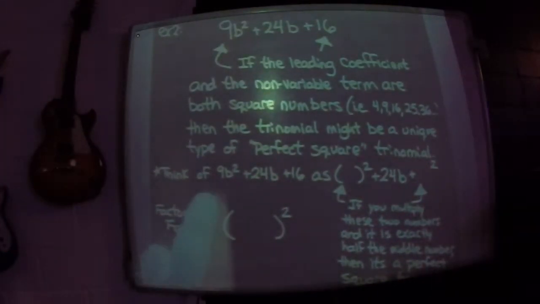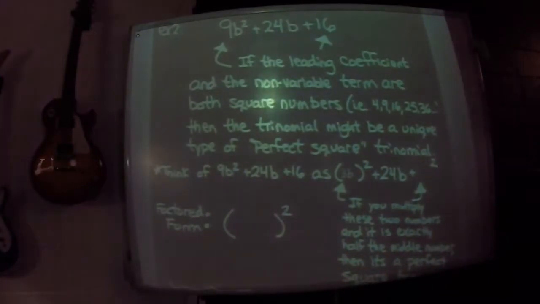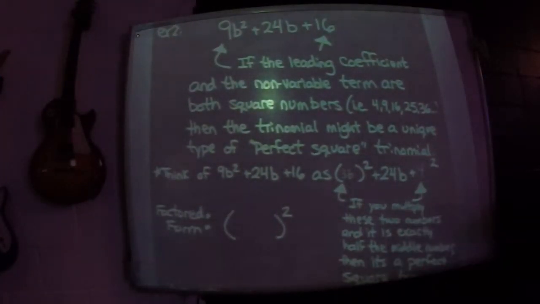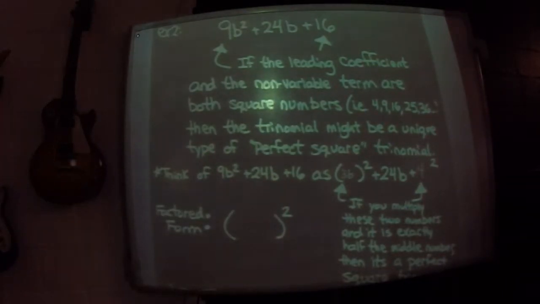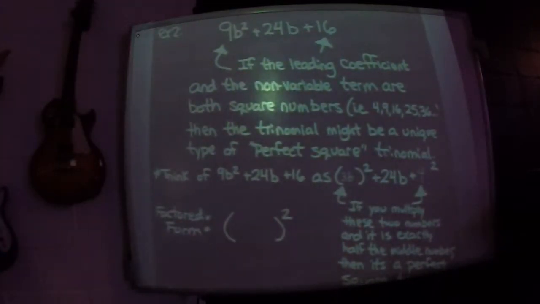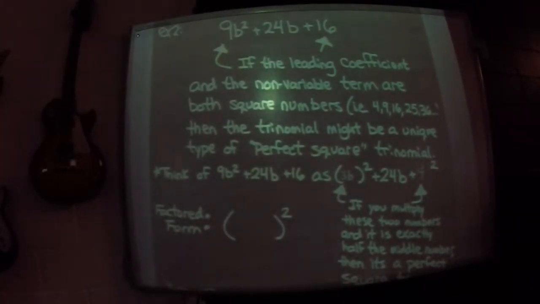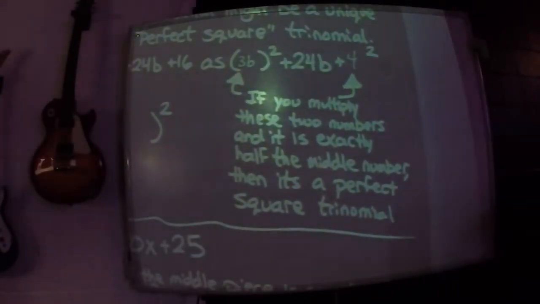Think of this as, put 3b, and then for this one, put 4. All right, this says if you multiply these two numbers and it's exactly half of the middle number, then it's a perfect square trinomial.